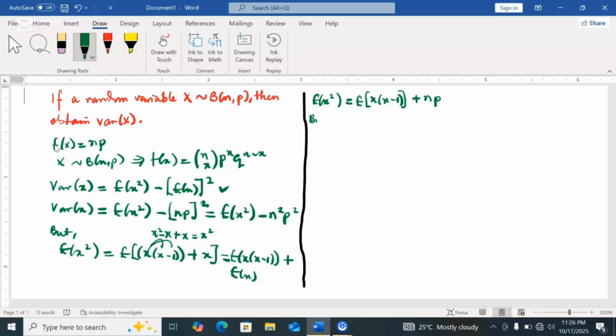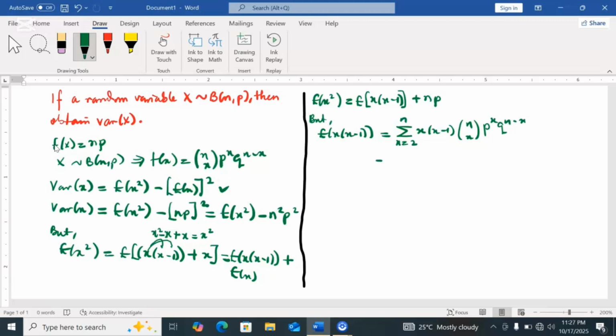So the problem again reduces to getting expectation of x times x minus 1, and this will be equal to summation from x equals 2, because we have x and x minus 1 here, to n, of x times x minus 1, which takes the place of the random variable now, times n combination x, p raised to power x, q raised to power n minus x.